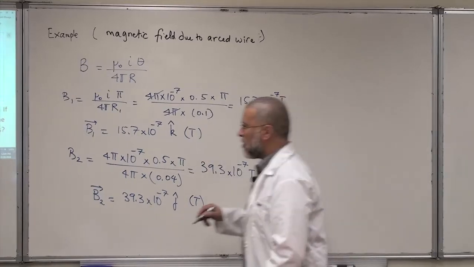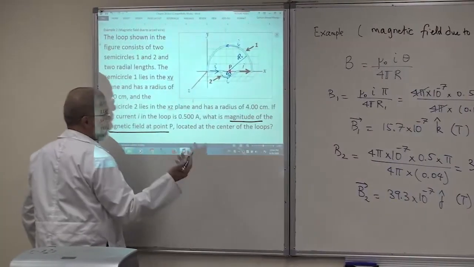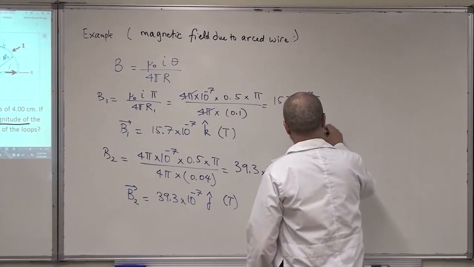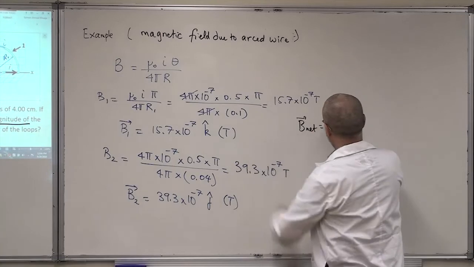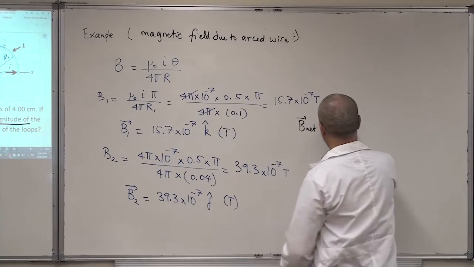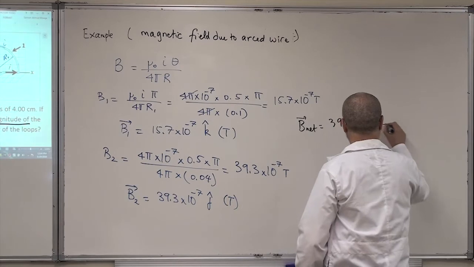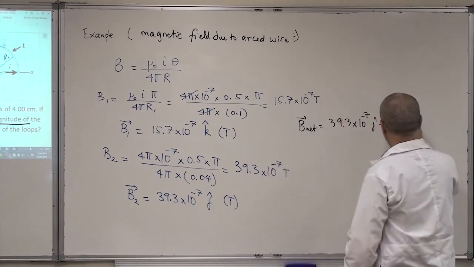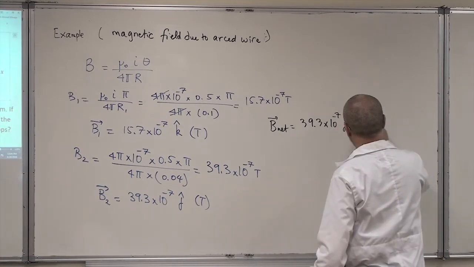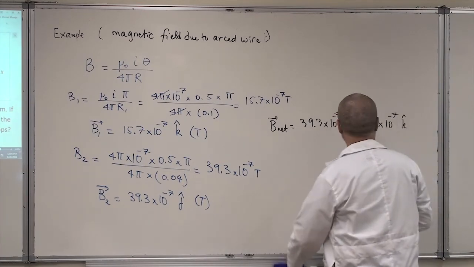If I want the net magnetic field at point P, B net, it will be, let me write the J component first, 39.3 to the power minus 7 J plus 15.7 to the power minus 7 K. That's the vector B net.